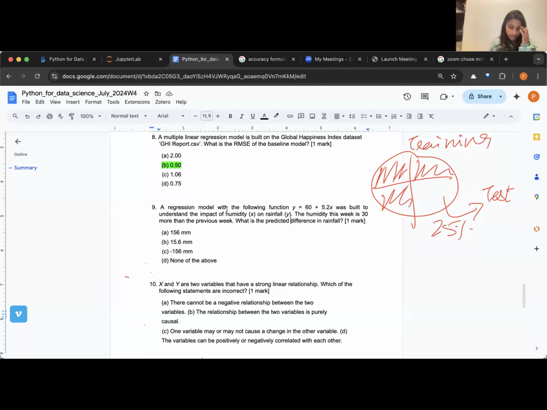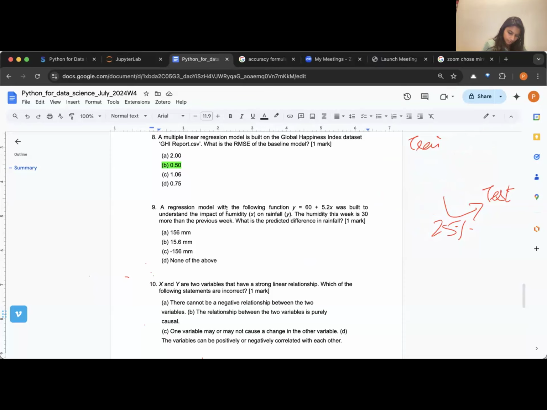Next question. A regression model with the following function y is equal to 60 plus 5.2 x was built.